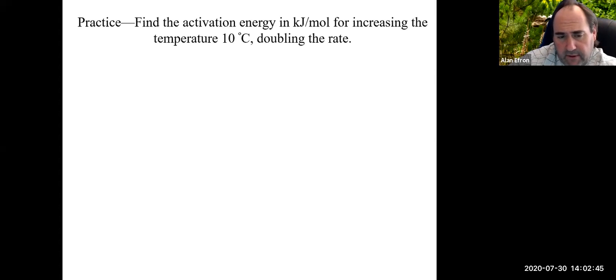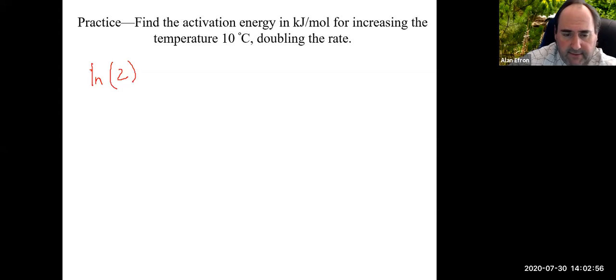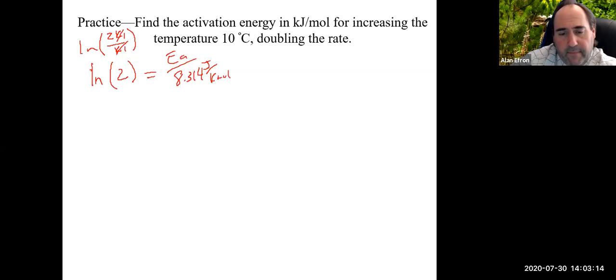So if we use our equation here, we'll have the natural log of basically 2. And again, we get that from that relationship, that K2, which would go on top, is 2 times K1, divided by K1, gets us the natural log of 2 on that side, equals our E of A over our R. And again, we'll use their temperatures.